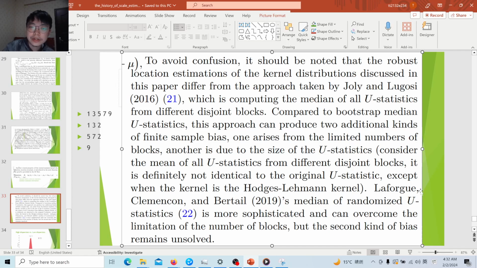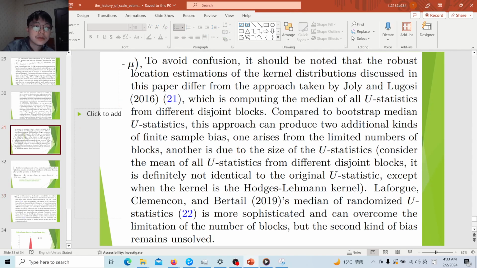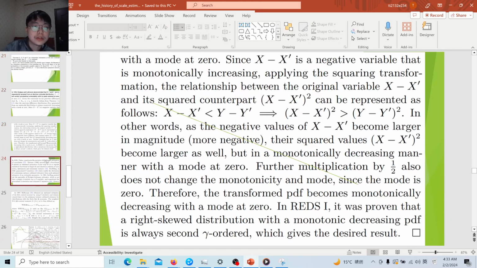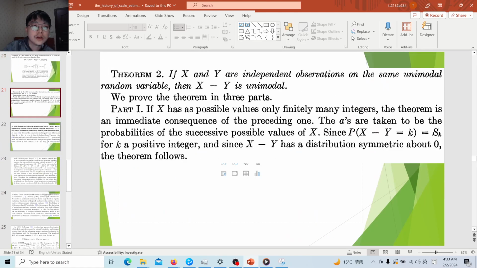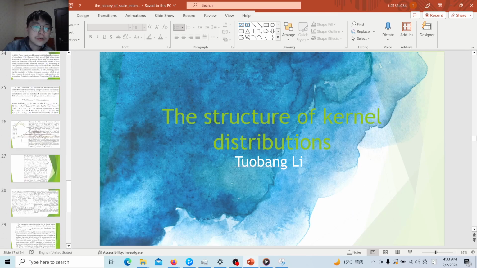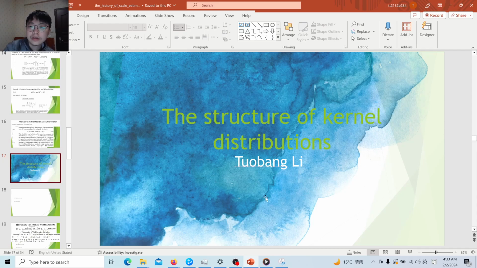Later they considered the median of randomized U statistics and overcame the limit on the number of blocks, but the second bias remains unsolved. So this is the kernel structure we considered, and we propose a way to further study the very complex structure of kernel function distributions by decomposing, and maybe it can be extended to other kernel functions.